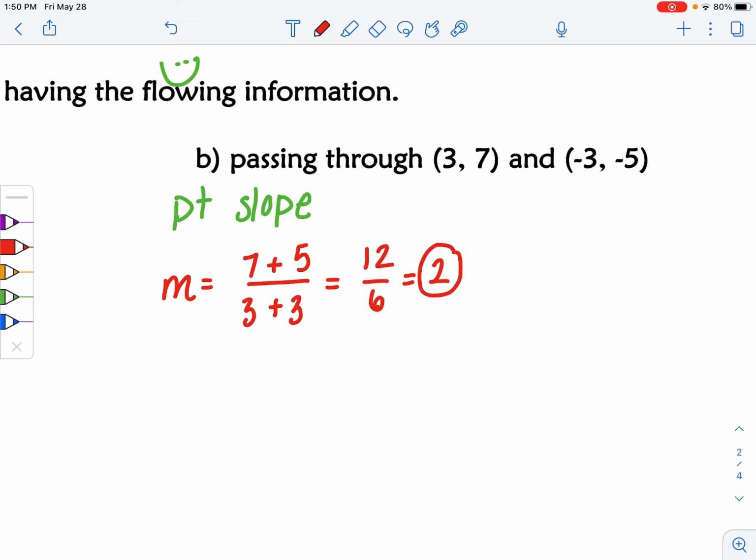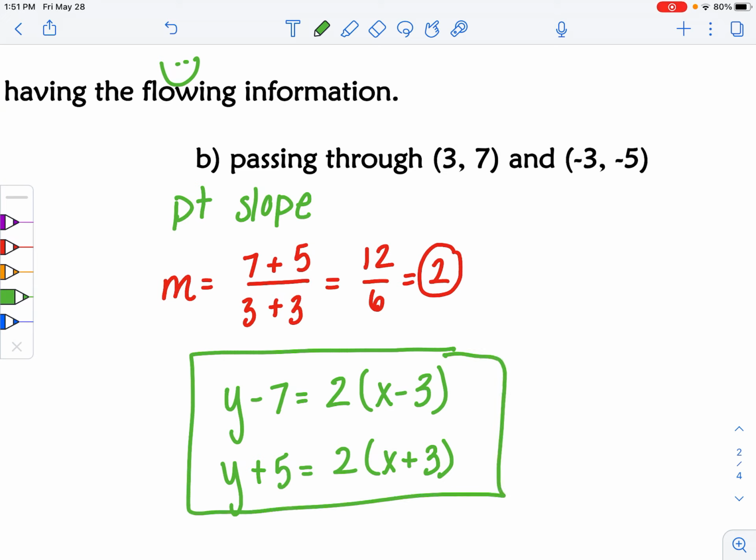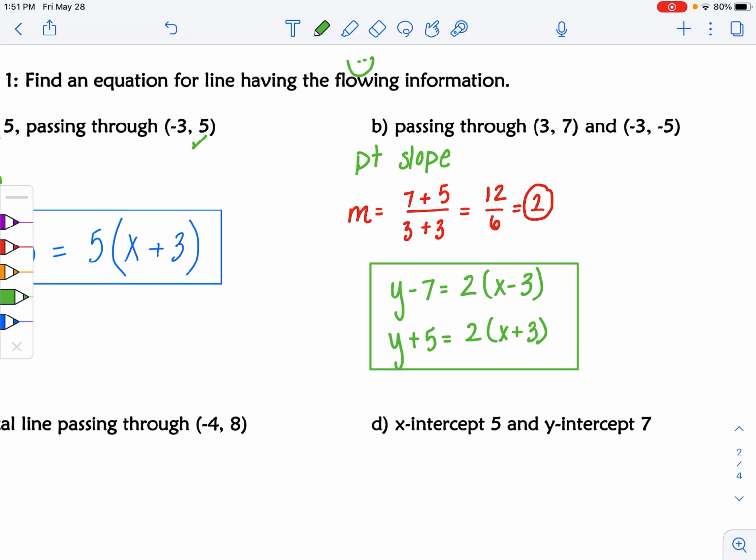That simplifies very nicely. And now you can pick whichever point you want. It does not matter. If I picked the first point, this should be the equation of your line. If I picked the second point, this should be the equation of your line. Both work. You do not need to write both, but you have them both in your back pocket.